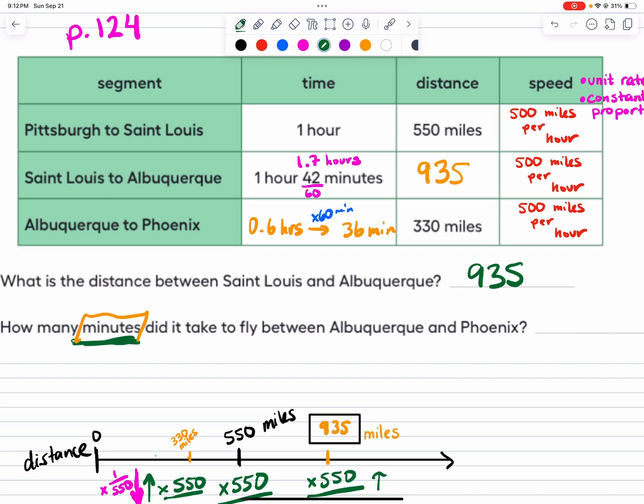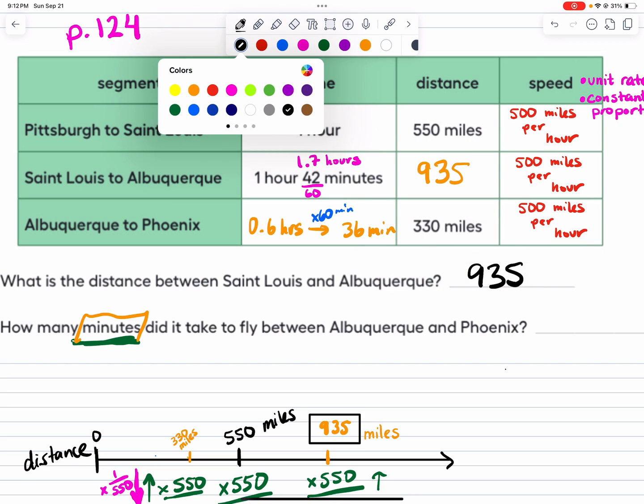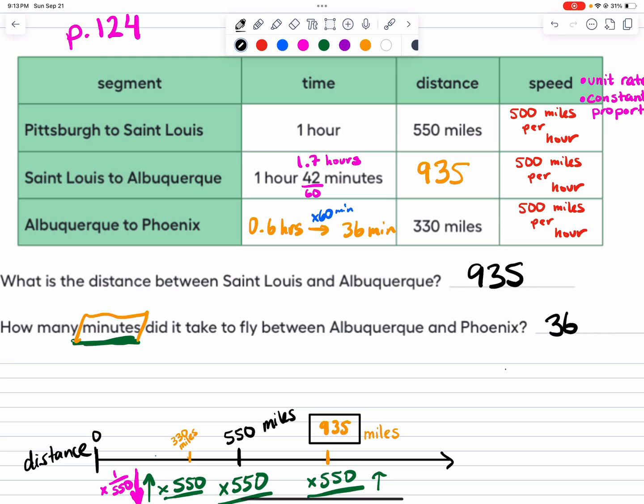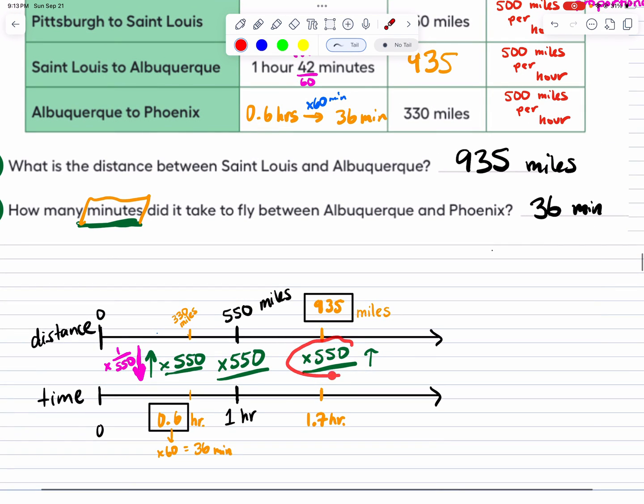So this does in fact equal 36 minutes, and this was 935 miles. You could see that we're using the unit rate the exact same way to find this table.